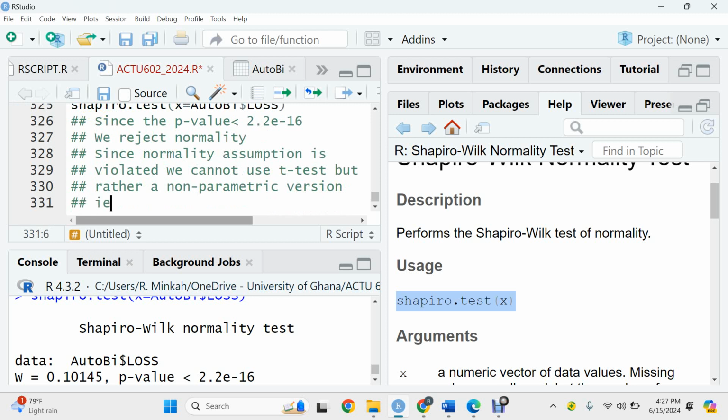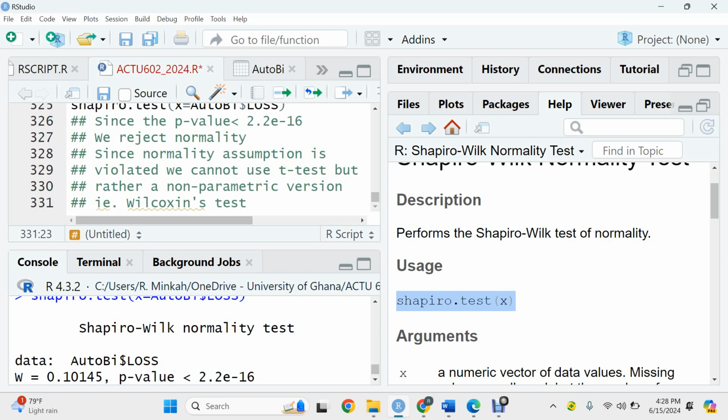And in this case, that is the Wilcoxon test. Okay, so that is a simple note on this. Okay. These are the Wilcoxon signed rank test, and so forth. It's in basic statistics.